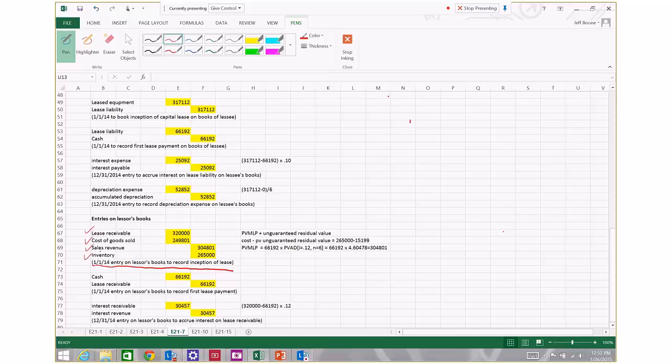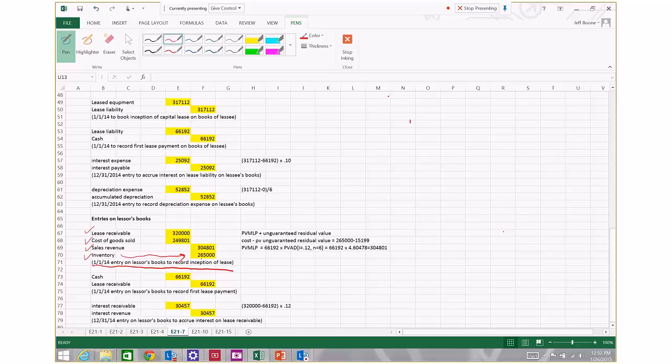The reason that they're crediting inventory rather than some other account is the idea behind the sales type lease is that a manufacturer of an item is using the lease as a means of effecting a sale of their product. So the item that they're leasing here is in effect inventory for them. So the credit entry is going to go to the inventory account.